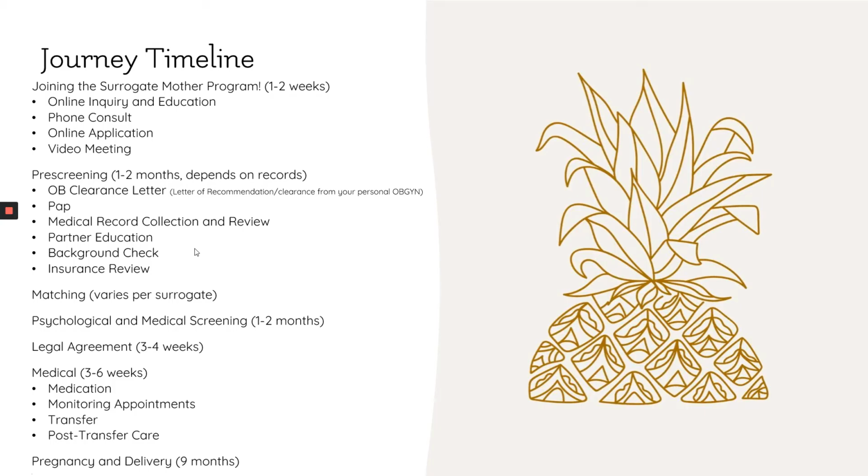So a little bit about the journey ahead. This is a pretty heavy slide, but we go over it with you frequently throughout the process, and we're always here to address any questions you have. So in an ideal timeline, a surrogate journey from the time of matching until there is a transfer is about 3 months. That is fairly quick.